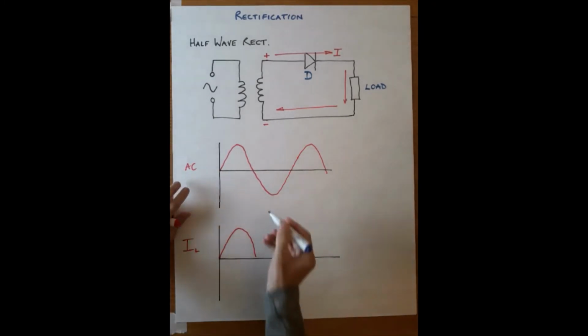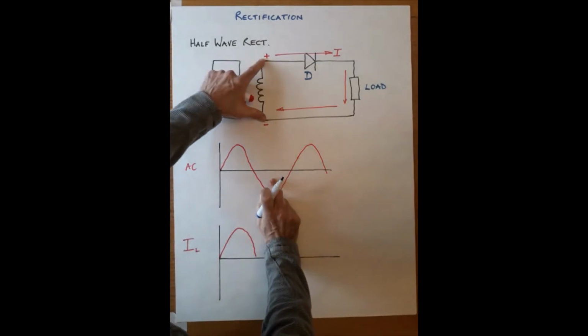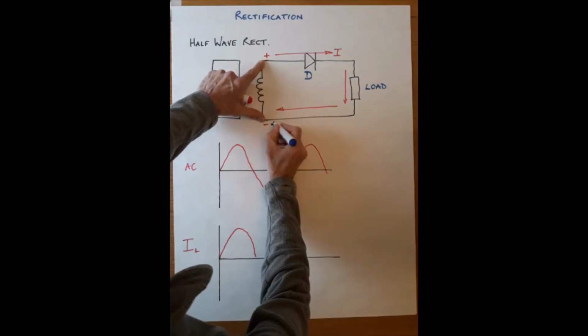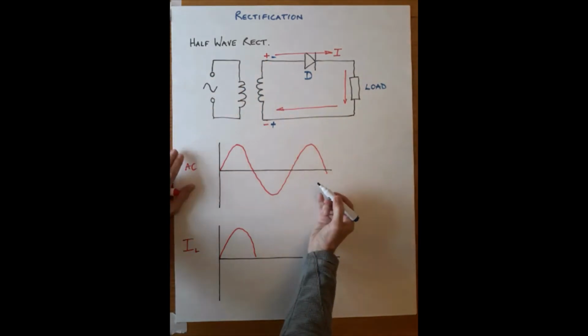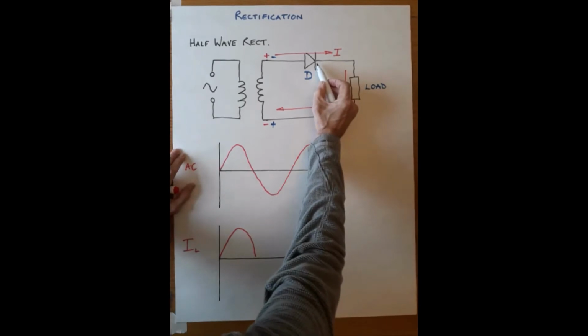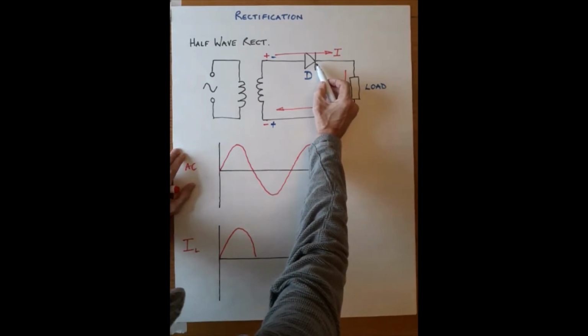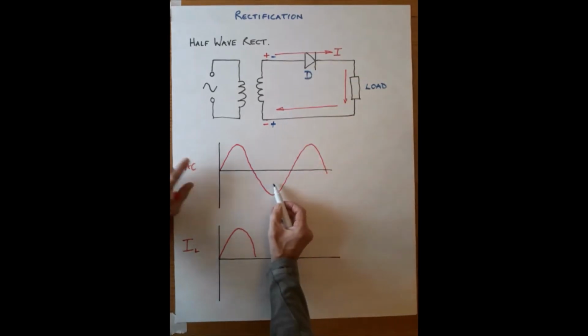If we then consider the next half cycle of the supply, the polarity changes. So this end is positive and this end is negative. If we look at what is happening now, this diode is in reverse bias, so it blocks the flow of current. So no current can flow on the next half cycle.